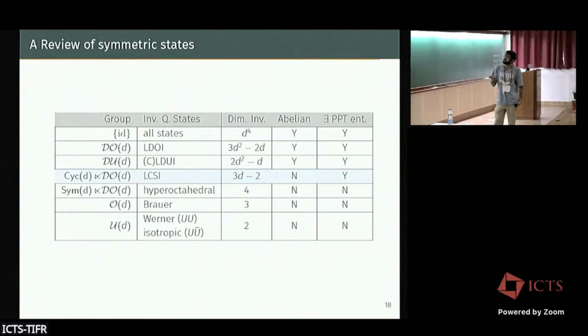Up to this point, you don't have PPT entanglement, where you take the diagonal orthogonal matrices and instead of the cyclic group, you have the full symmetric group on those basis elements. And here is our class of states, and these are sort of the smallest class of states which have PPT entanglement. And it's an important question to see if we can have something in between which has a rich structure of PPT entanglement.